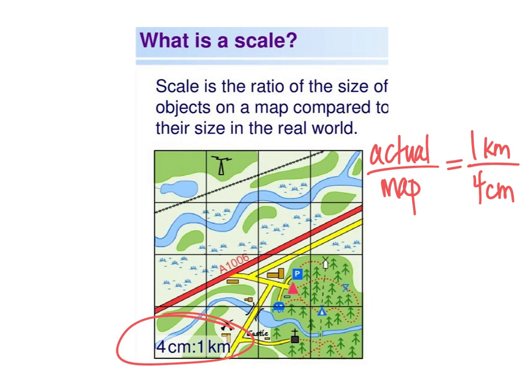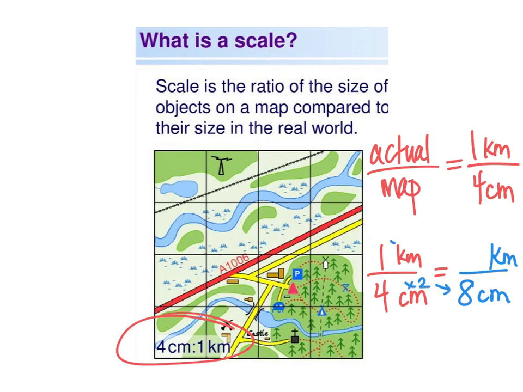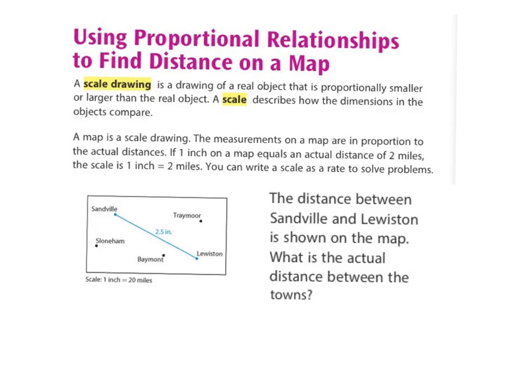Using this ratio of 1 to 4, I can think, what if I had a distance on my map that was 8 centimeters? How much would that be in kilometers? Well, I can use my reasoning here: 4 times 2 will get me to 8. So 1 times 2 would be 2 kilometers for 8 centimeters.